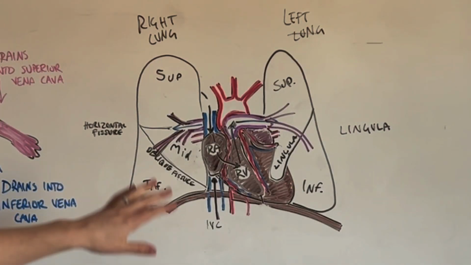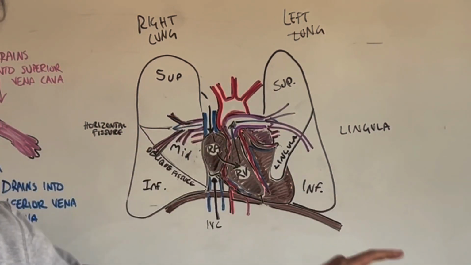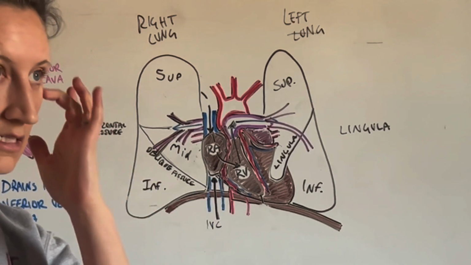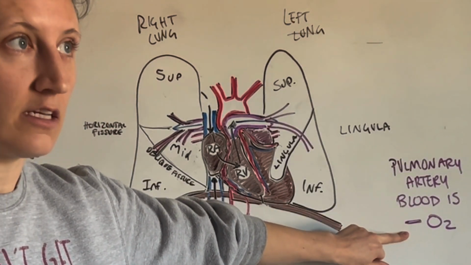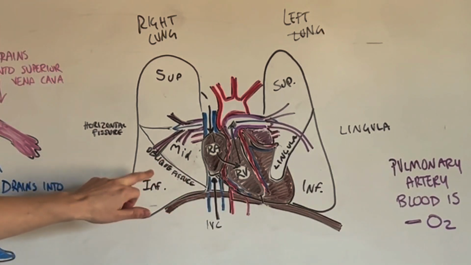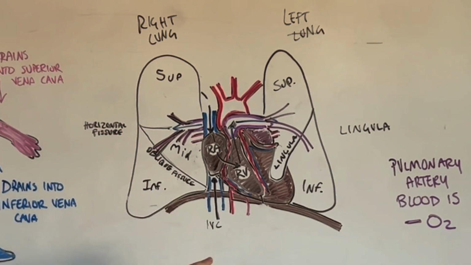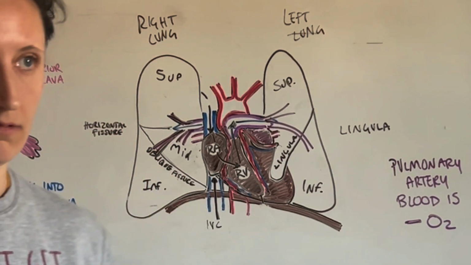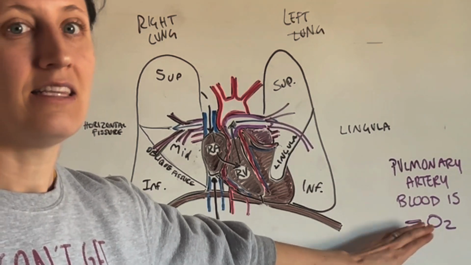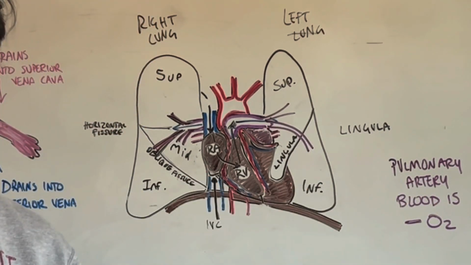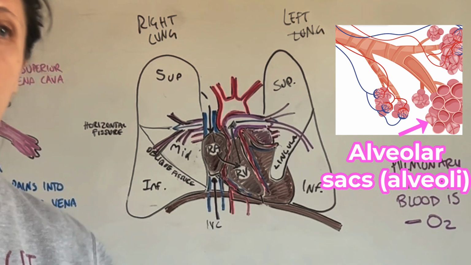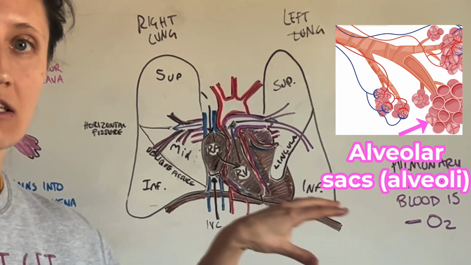But this blood from our pulmonary arteries is not, and this is very important, pulmonary artery blood is not oxygenated. This is not supplying the lungs, the organ themselves, the tissue of the lungs with blood, because it's not oxygenated. This is going to the lungs' functional units called alveolar sacs or alveoli, where gas exchange occurs.